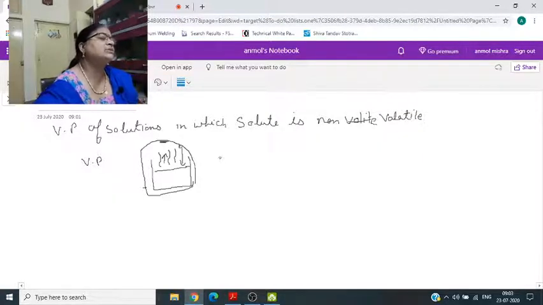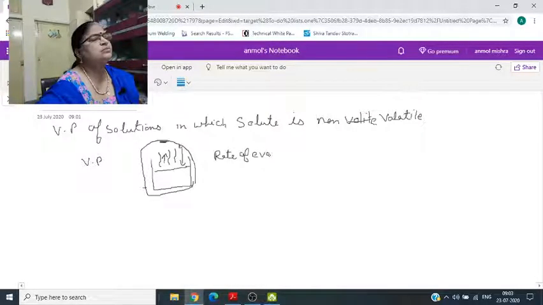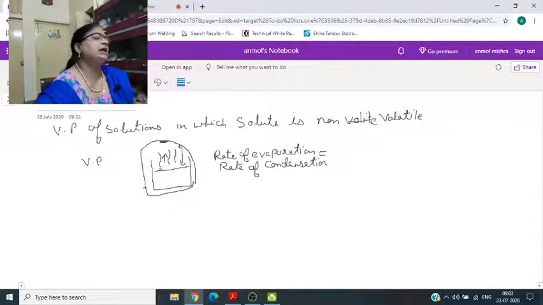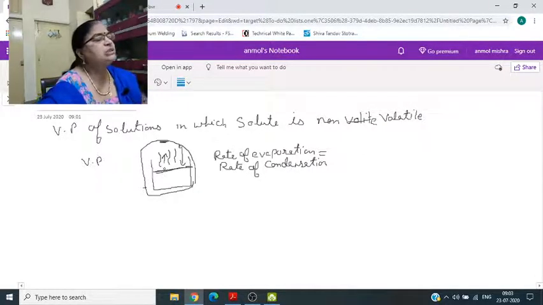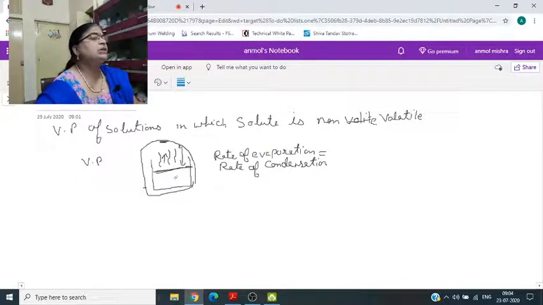So a stage comes when the rate of evaporation becomes equal to the rate of condensation. So vapor pressure is defined as the pressure exerted by the vapors on the surface of the liquid at equilibrium.